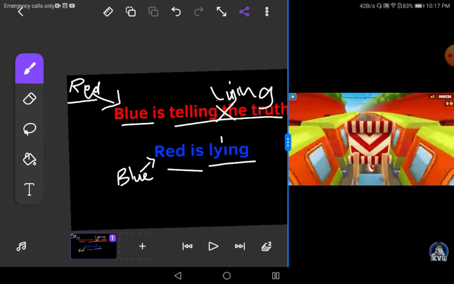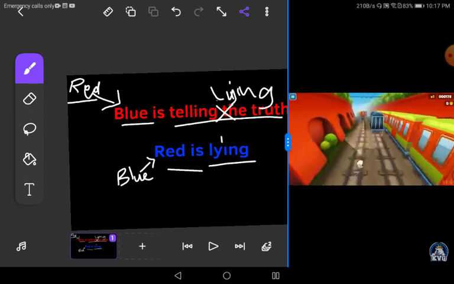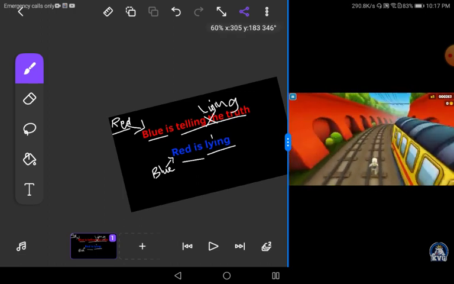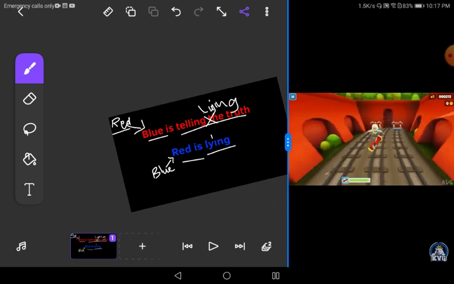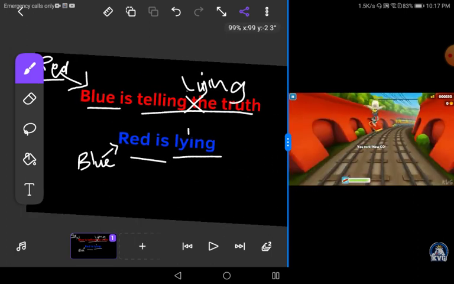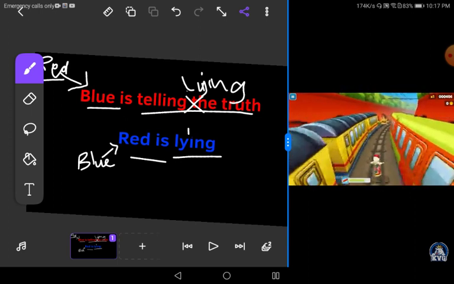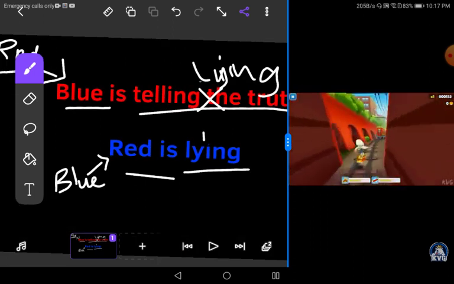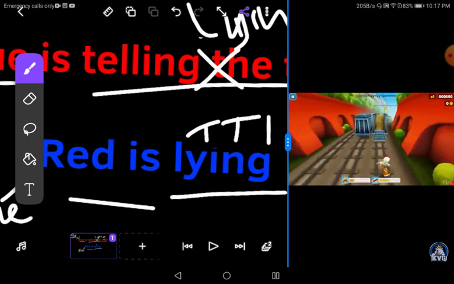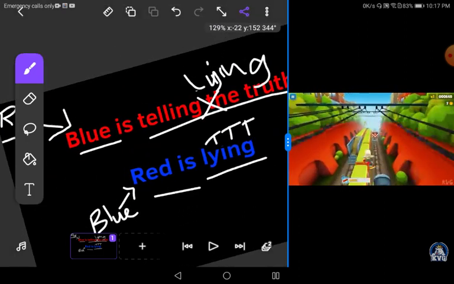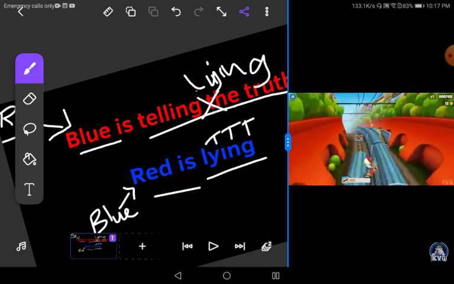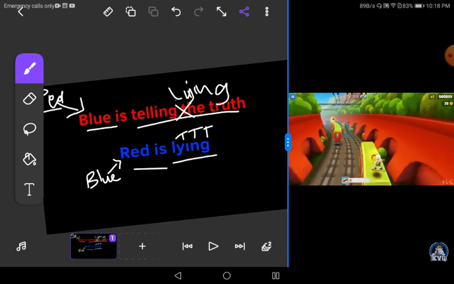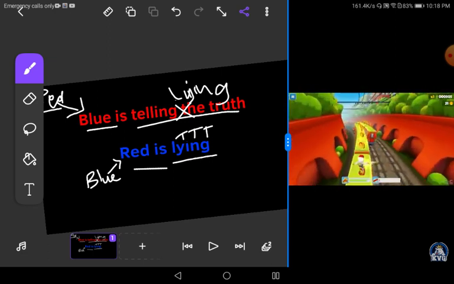So if blue is lying about red lying, that means red is telling the truth. Red is TTT, telling the truth. And if red is lying, no, he's not lying. Red is telling the truth.